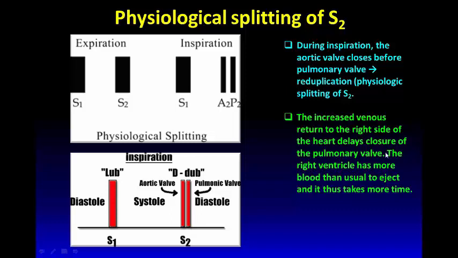Thus, because there is increased venous return to the right ventricle during inspiration, the right ventricle has more blood than usual to eject during systole, and it thus takes more time for the right ventricle to eject the stroke volume, and as a result of that, the pulmonary valve closes after the aortic valve, or in other words, the aortic valve closes before the pulmonary valve.